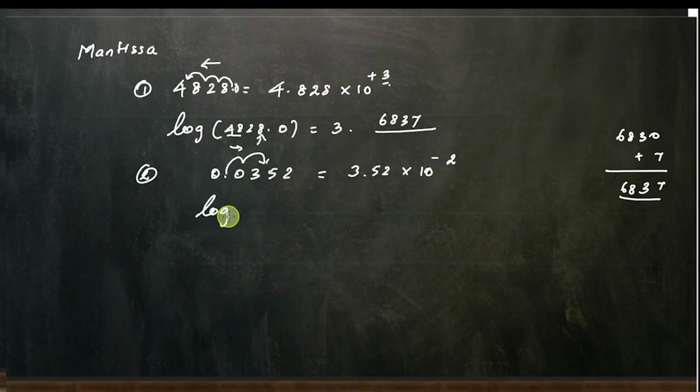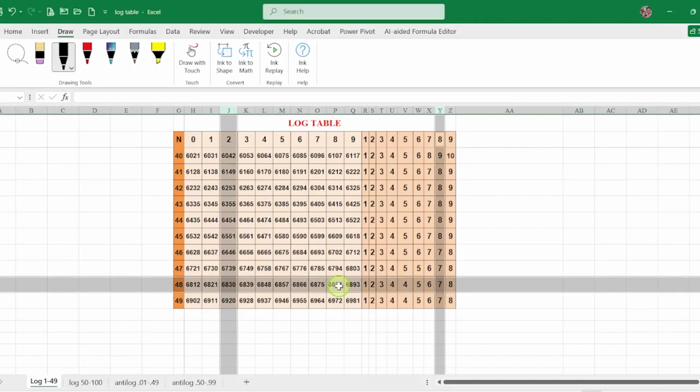Then what do you have to write? If you want to take the log value for this number, just take the number on the power. Here 2, we have minus here, so write it as bar 2, point. Clear? Now we have to take the first 2 digits. So what are the first 2 digits? 3, 5. Now go to the log table.